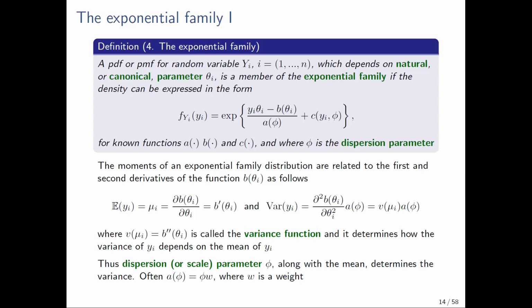That's how we work out the variance. The second derivative of b is called the variance function, written v of mu i, and it determines how the variance of y depends on the mean of y. So the first derivative of b gives the mean, the second derivative gives the variance function, and the dispersion parameter along with the mean determine the variance. Often a of phi is just phi times some weight.